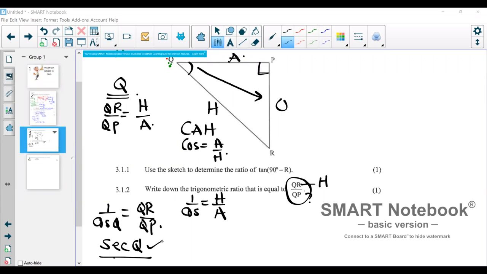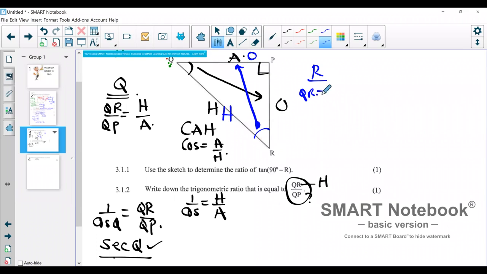Now, you're catching on. Please catch on fast. What if I want to use R? If we are using R, what happens? Our QP then becomes our opposite. So I'm using the blue. This side becomes opposite. This one still remains hypotenuse.